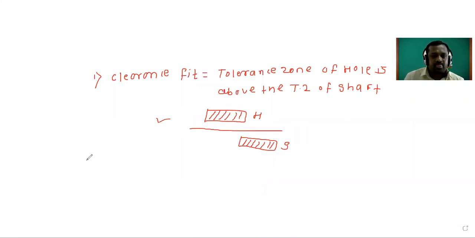Okay. Then next, interference fit. Again, you have to revise, or we can say reverse it. In that interference fit, how can we write the definition here? The tolerance zone of hole is below the tolerance zone of shaft.